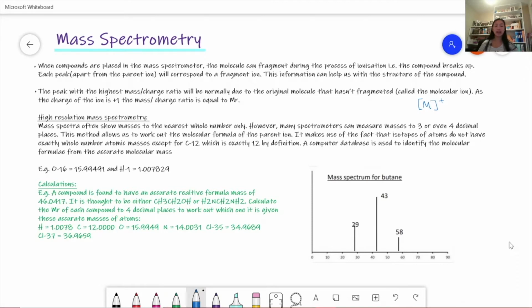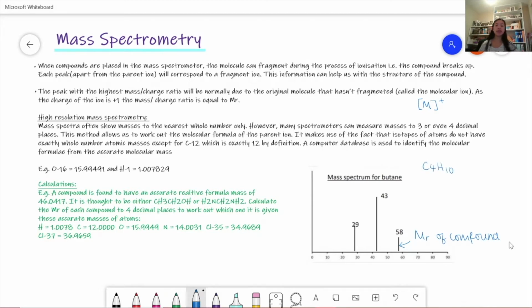Looking at this mass spectrum for butane, the signal that we have at the greatest m/z value is this one here, and this corresponds to the MR of the compound. We can check this with butane, because butane has the formula C4H10.